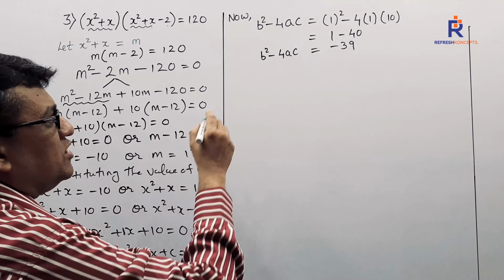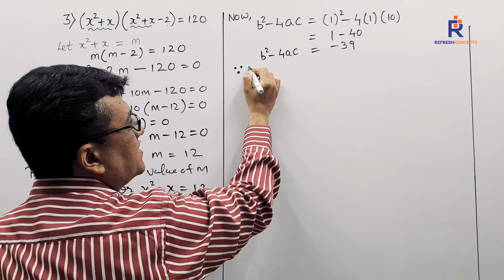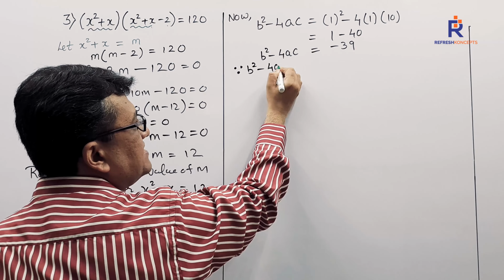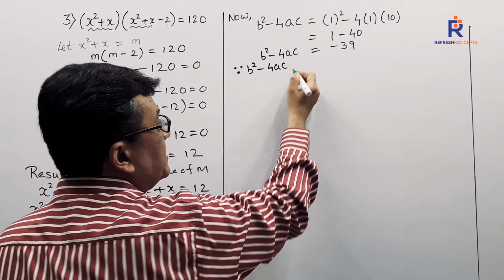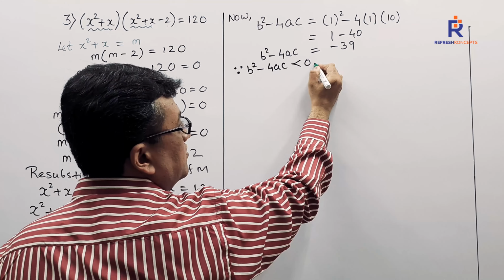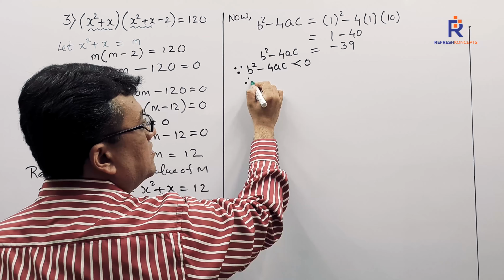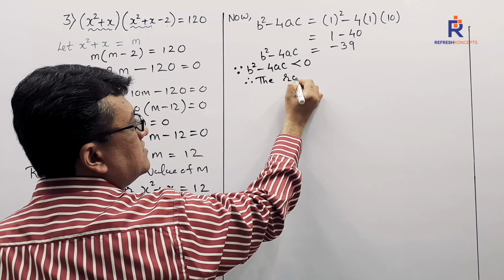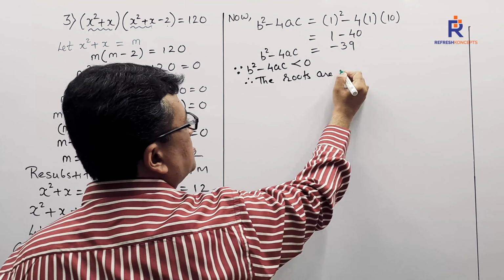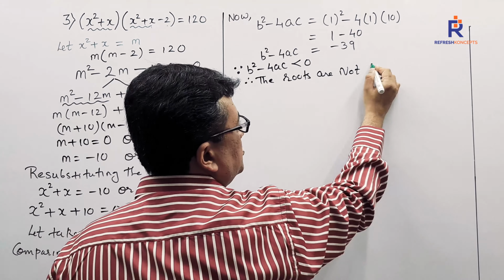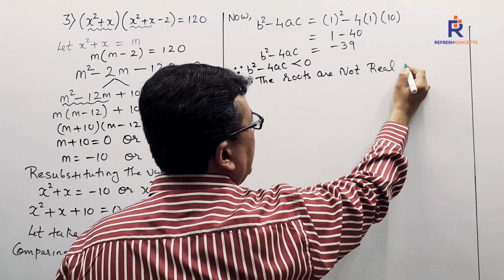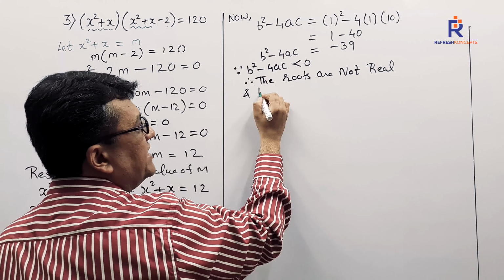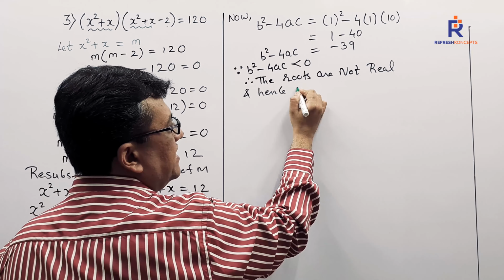So we'll write down the same thing over here. Since b square minus 4ac is less than 0, therefore the roots are not real, and hence we do not consider it.